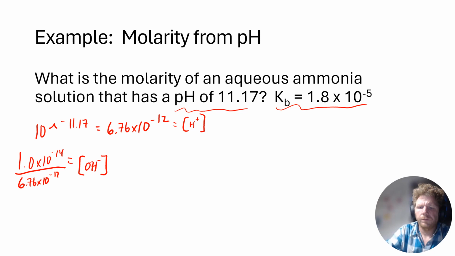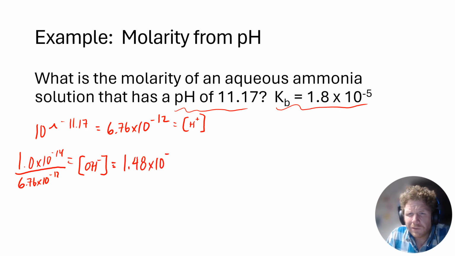So 1.0 exponent negative 14 divided by 6.76 exponent negative 12, and I get a hydroxide ion concentration of 1.48 times 10 to the negative 3. So there's my hydroxide ion concentration.